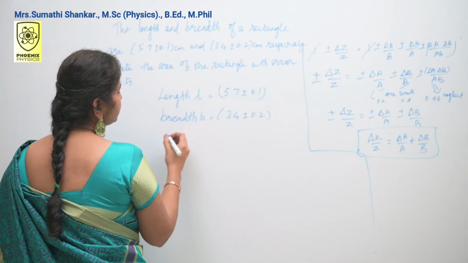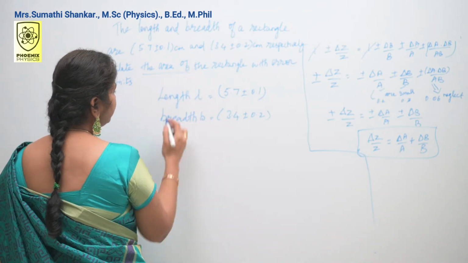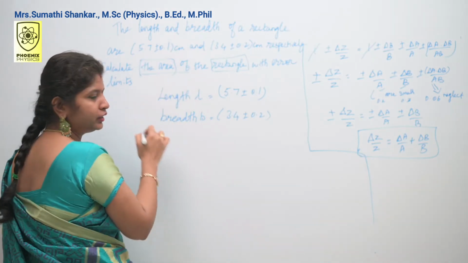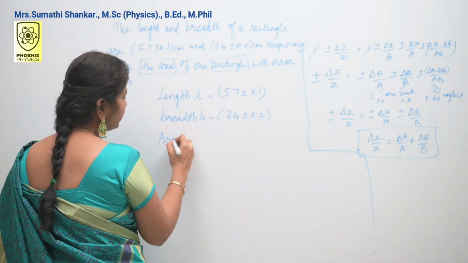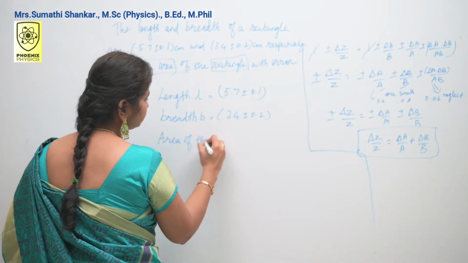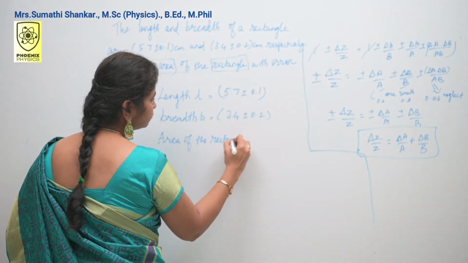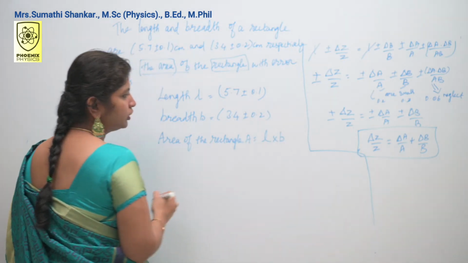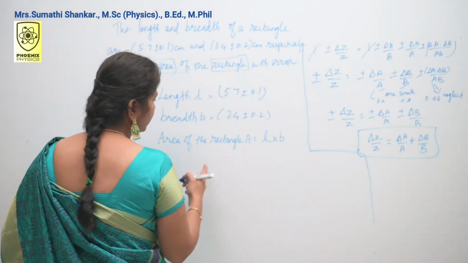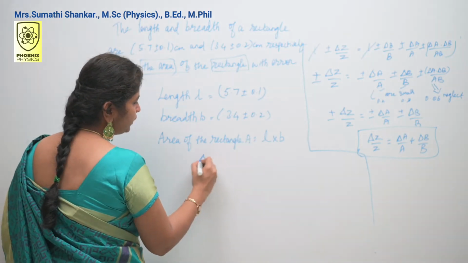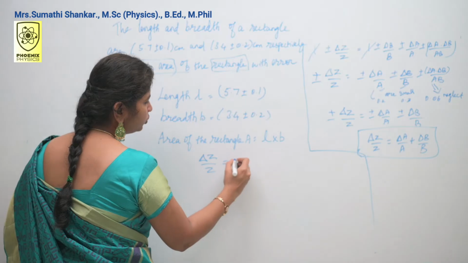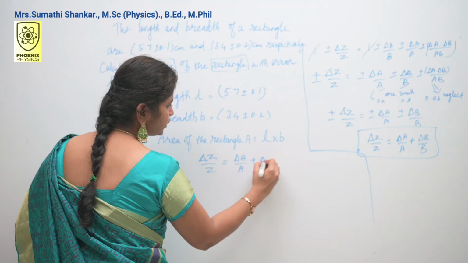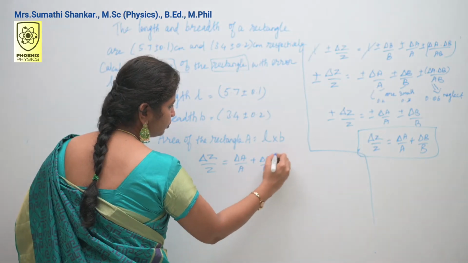That is, what is the formula? We are going to find out the area of the rectangle. So what is the formula for area of the rectangle? A is equal to length into breadth, L into B. Okay, you know that error formula, delta Z by Z is equal to delta A by A plus delta B by B. This is the general formula.